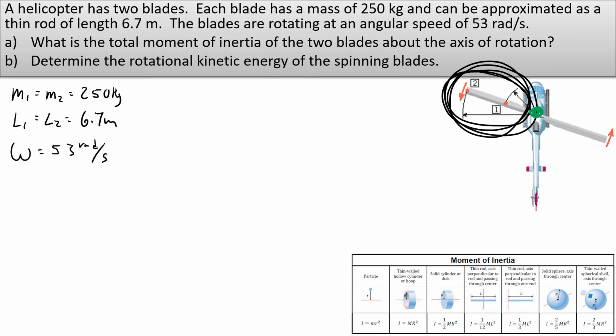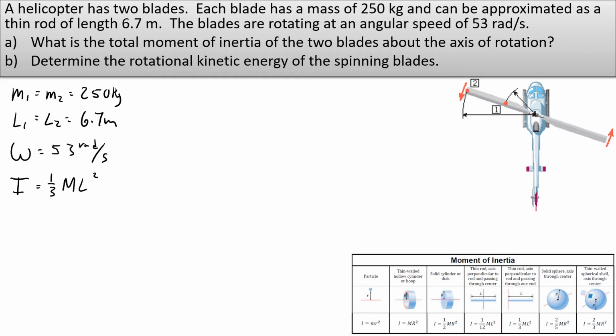All right. So we're going to use this formula, and then we'll basically multiply it by 2. So 1/3 ml squared. I like to write the formula over here. I is equal to 1/3 ml squared. Okay, so let's do the total moment of inertia for the first and second blade. This is going to be 1/3 ml squared, because blade 1 is equal to blade 2.